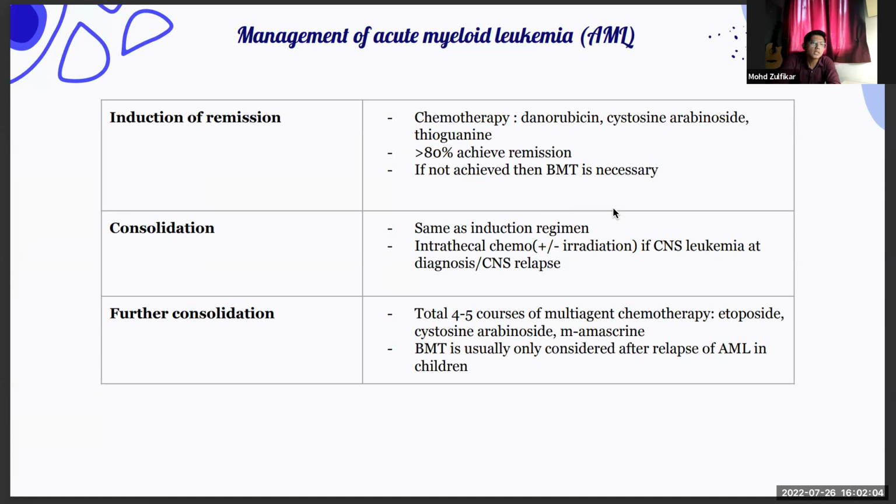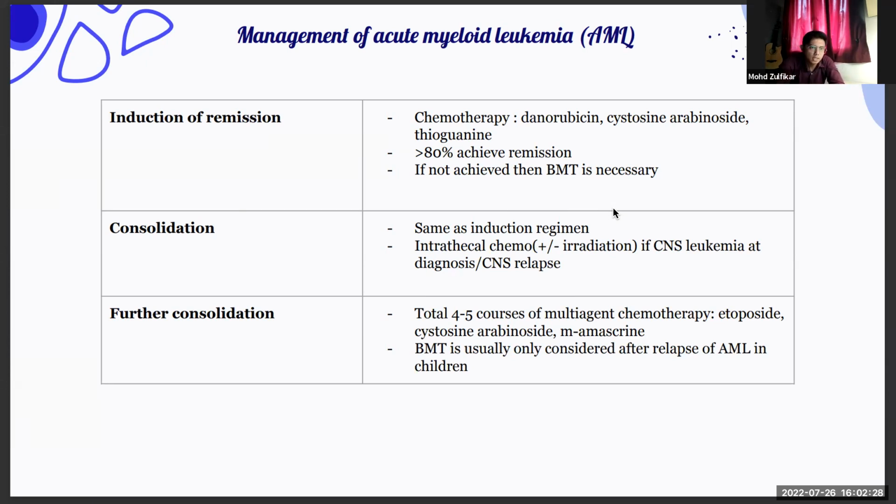For the consolidation phase, it is the same as the induction regimen that was used. There is also intrathecal chemotherapy plus or minus irradiation if there was CNS leukemia at the diagnosis, or if it involves a CNS relapse.